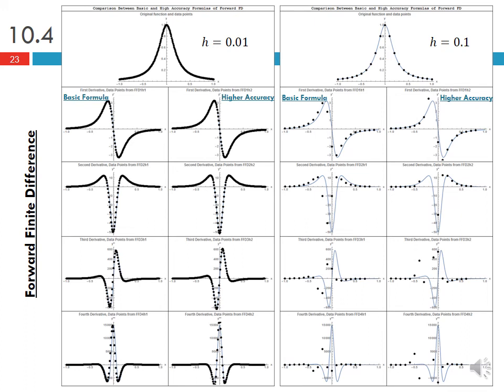And as explained previously, the derivatives calculated using the formulas appear to be shifted to the left in comparison with the actual derivatives. For a smaller h, both schemes provide relatively accurate predictions.